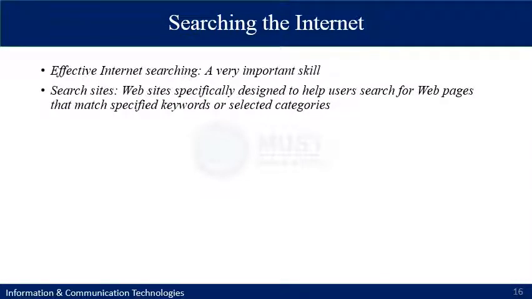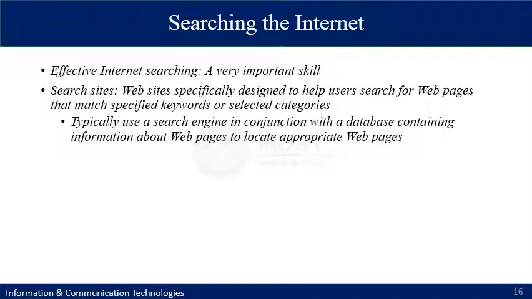There are several search sites available over the internet which are specifically designed to help users search for web pages that match specified requirements or selected categories in the form of some keywords. So typically you should use a search engine in conjunction with a database containing information about the web pages to locate appropriate web pages.